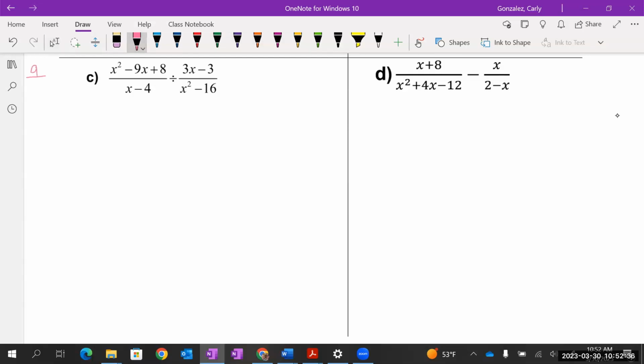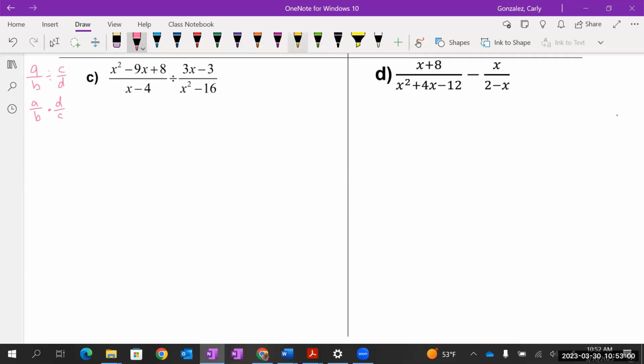First is we want to go ahead and remind ourselves that when we divide fractions, the first fraction will stay the same, and the second fraction, we can flip it or find the reciprocal, and it turns into multiplication. And so then all of our same rules apply for multiplication. We'll factor and simplify and everything.